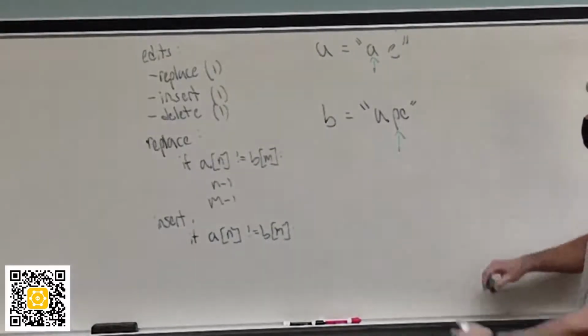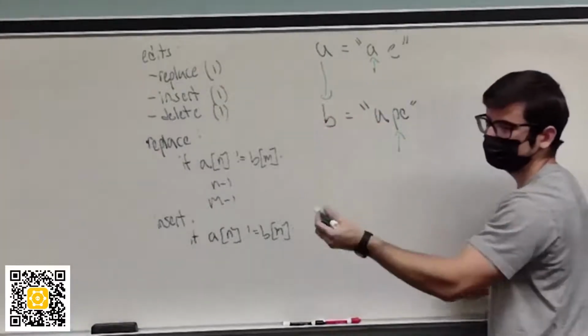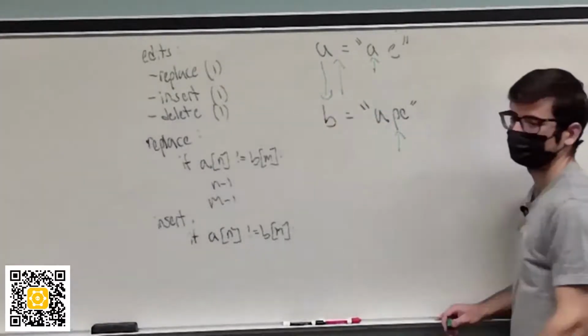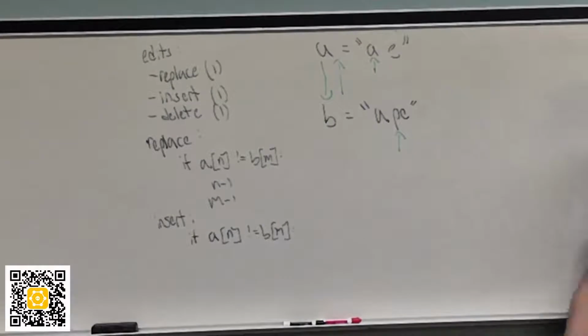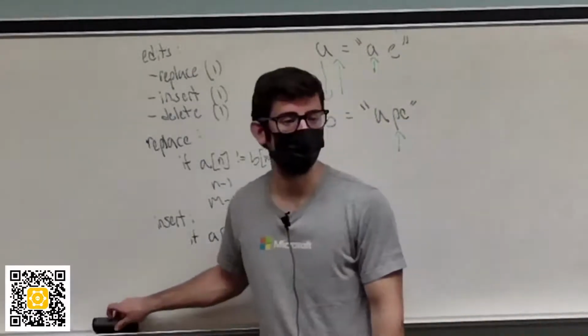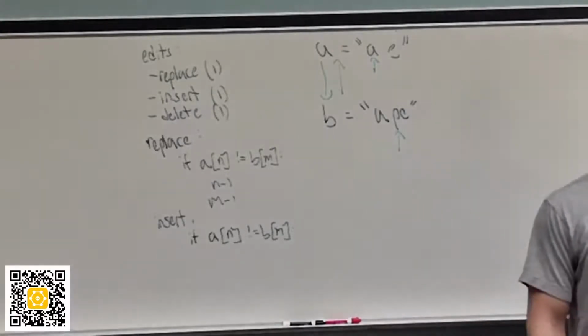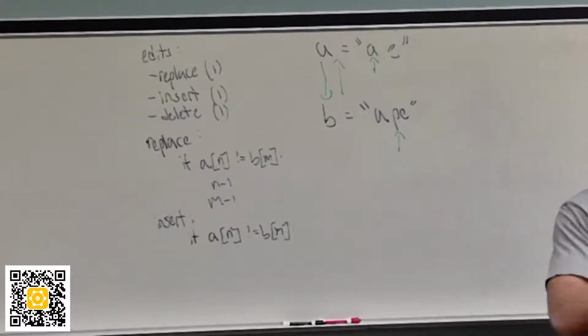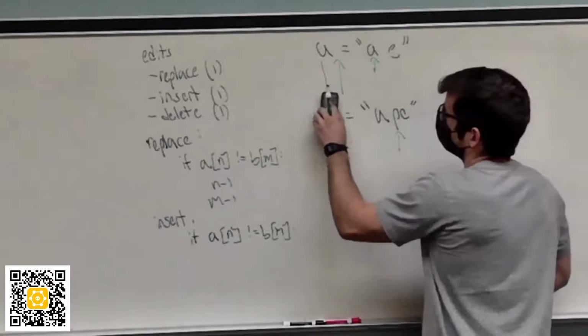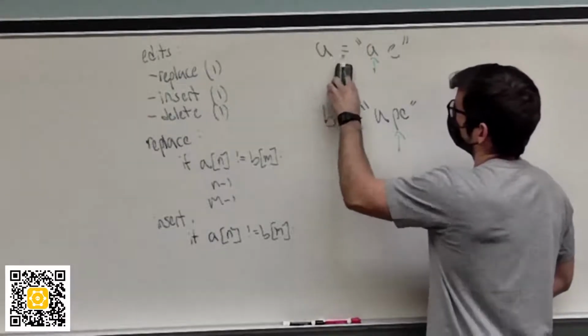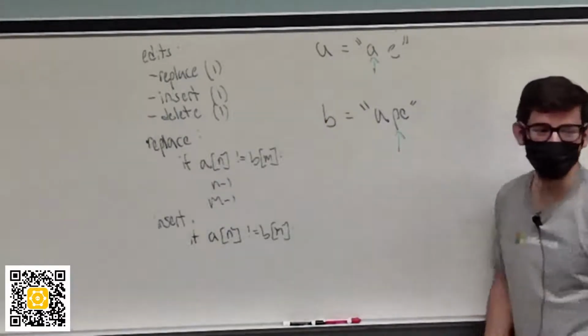The insert from A to B will be the delete of B to A. That's why you wrote insert slash delete. Yeah, because it's the same thing, it just depends on the reference point. Okay, cool. That makes a lot of sense.